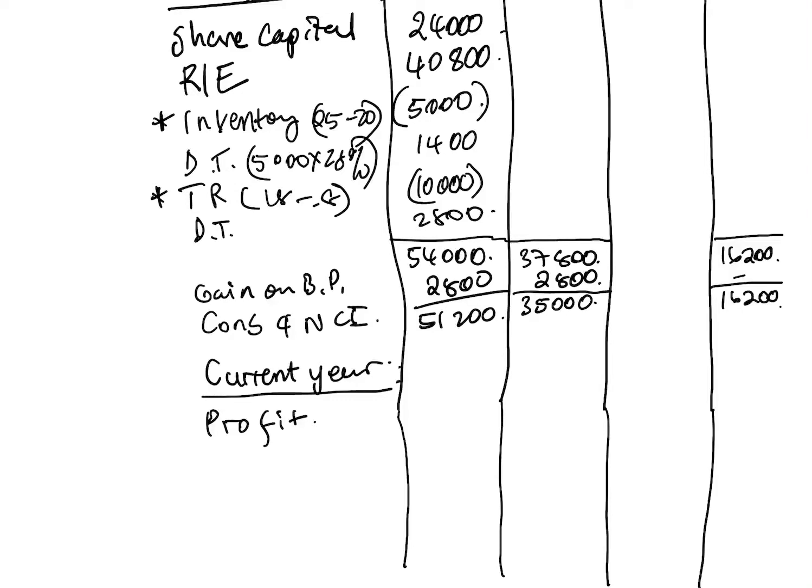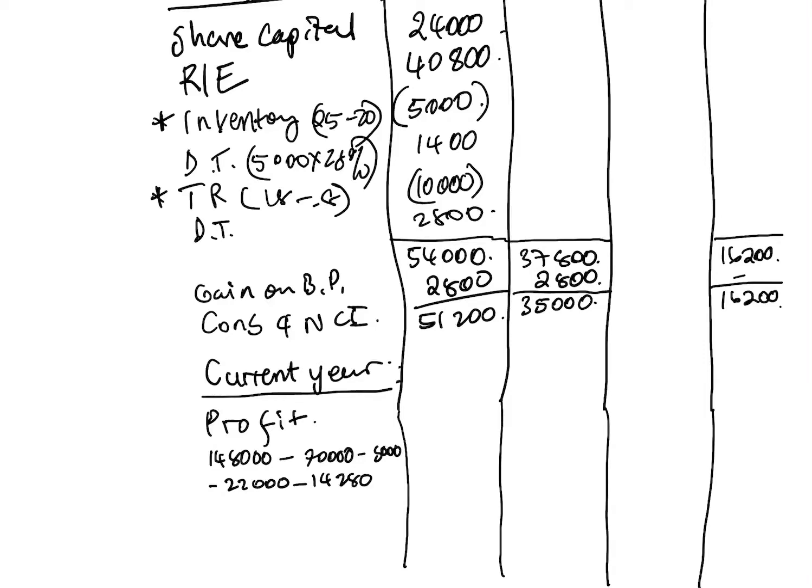So our revenue was 148,000, cost of sales was 70, finance cost of 5,000, other expenses of 22,000, tax of 14,280.